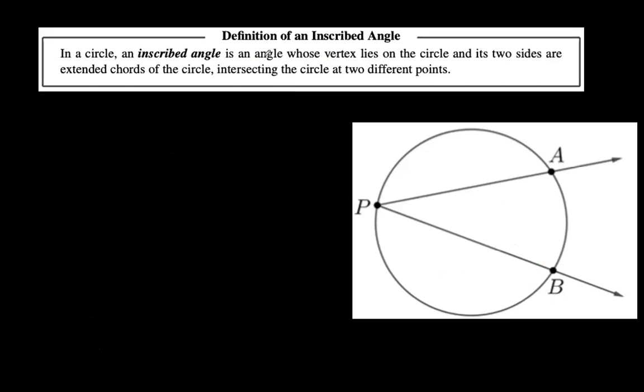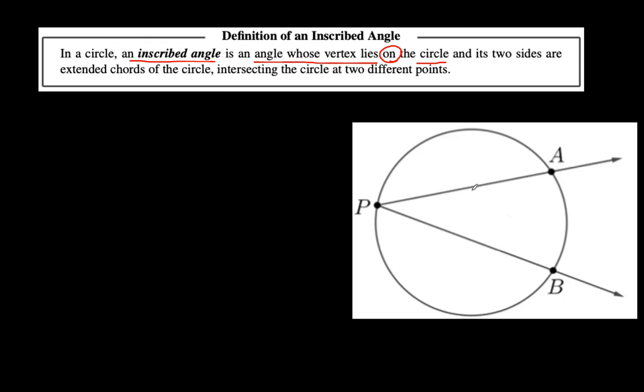Now let's define an inscribed angle. An inscribed angle is an angle whose vertex lies on the circle. A while ago, a central angle is an angle whose vertex lies at the center, while for an inscribed angle, its vertex lies on the circle, and its two sides are extended chords of the circle intersecting the circle at two different points.